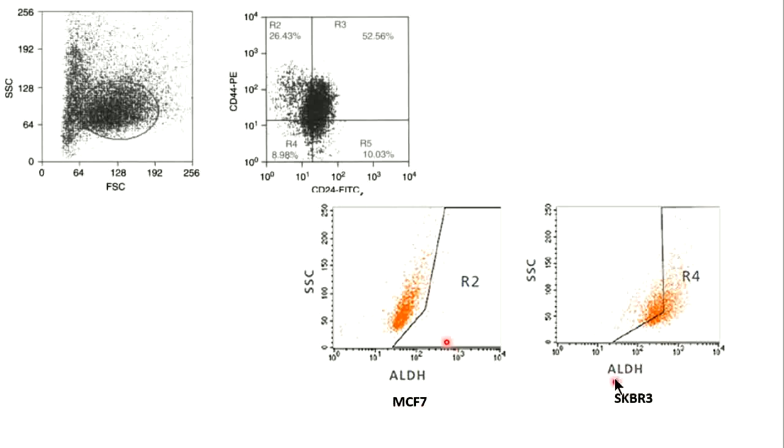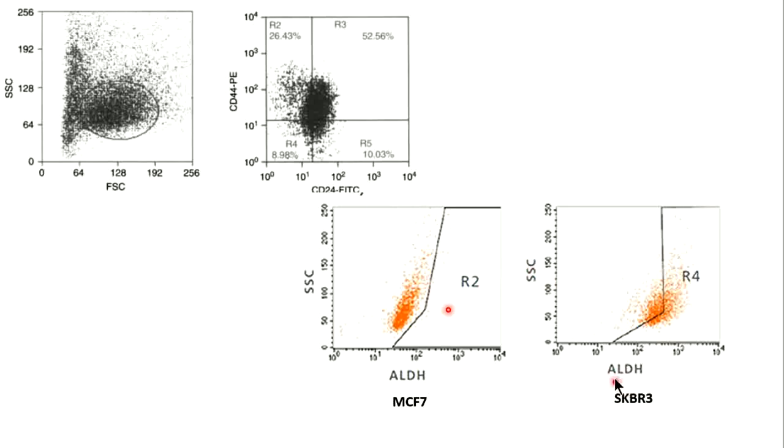And you can see that there are very few cells positive for ALDH. So I can say that MCF7 contains a very low percentage of cancer stem cells. But in SKBR3 you have a good number of cells which are positive for ALDH. So you can say that in SKBR3 there is a fair and good proportion of cancer stem cells. But in MCF7 there is not.